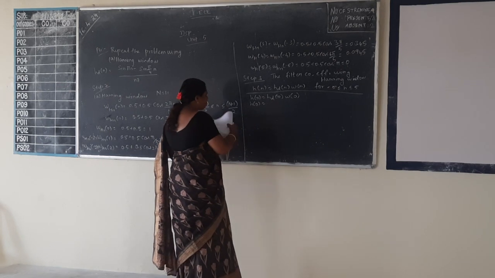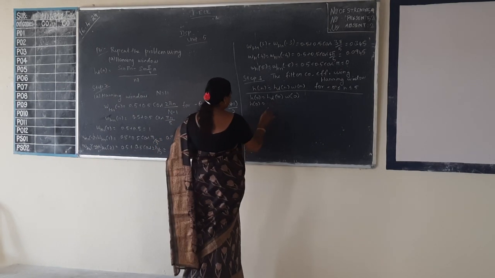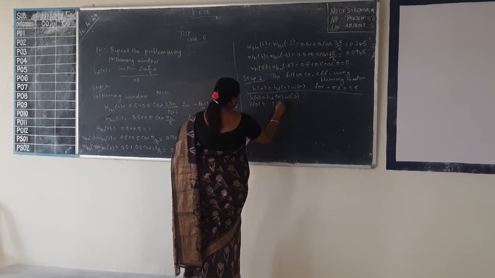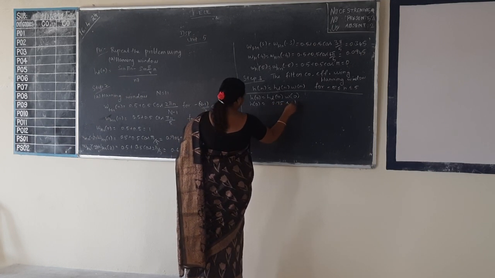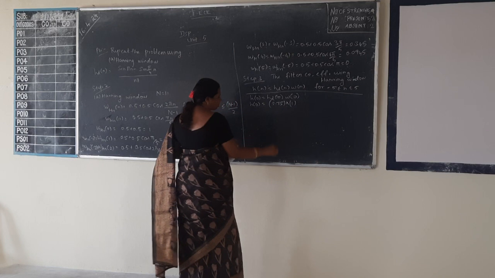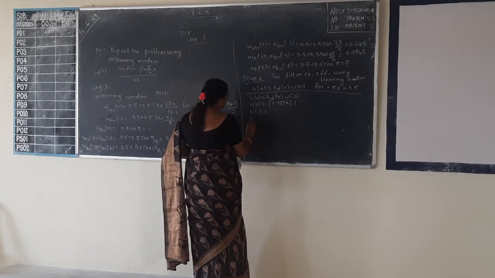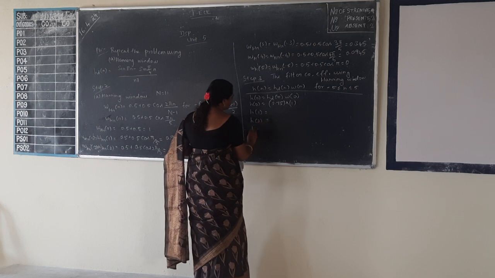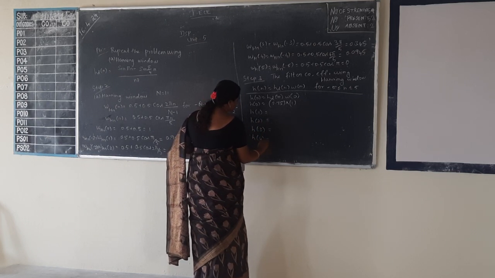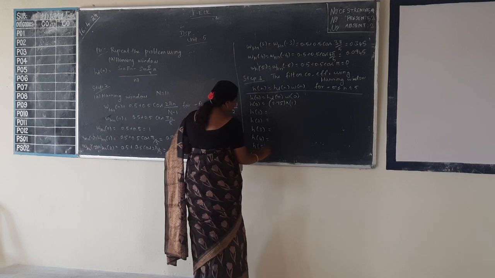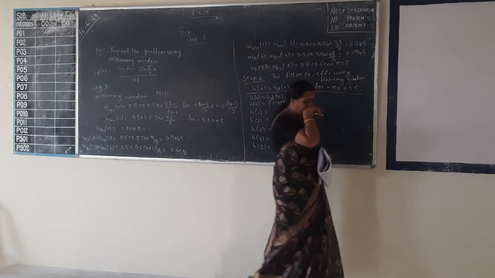For h of 0, no, it's not 0, it is 0.75 into 1. Similarly, find out h of 1, h of 2. What is h_d of 1?